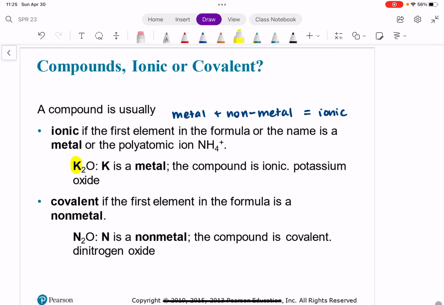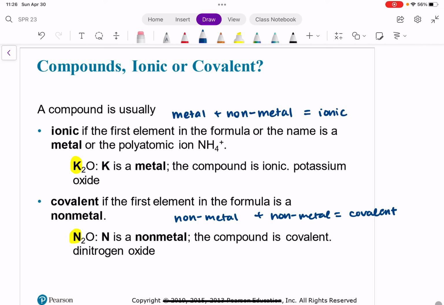Likewise, for covalent compounds, a compound's usually covalent if the first element in the formula is a nonmetal. So looking here, nitrogen, that's a nonmetal. So we're going to assume, right, that it's covalently bonded because we have two nonmetals. Nonmetal plus nonmetal equals covalent.